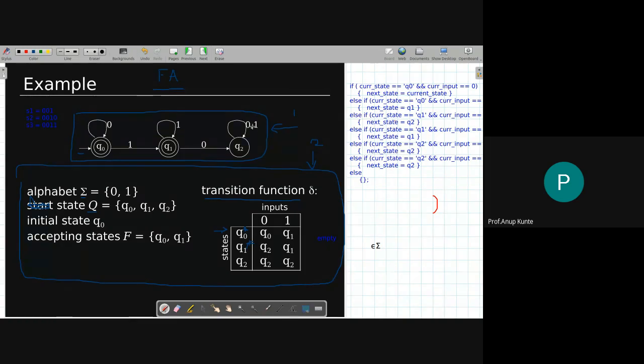So to judge whether a finite automata is a finite automata or not, you need to figure out the number of states in it and whether that state set is finite or not. If it is finite, it's a finite automata. That is what makes the device a finite automata. That's the first and foremost thing.